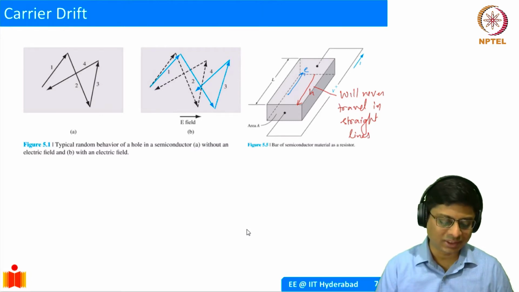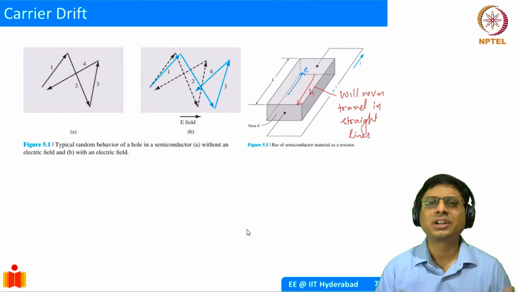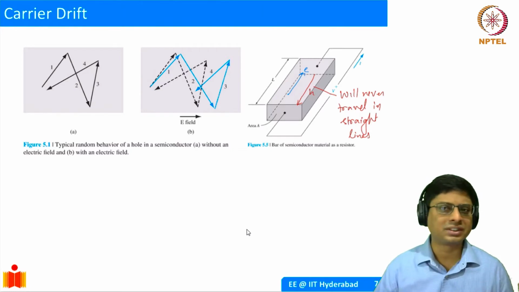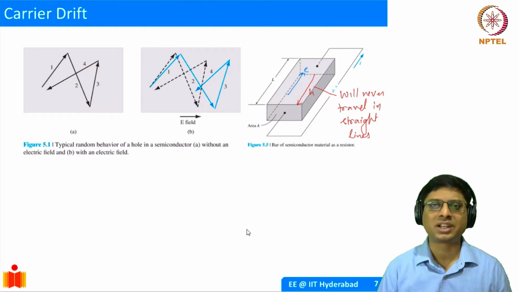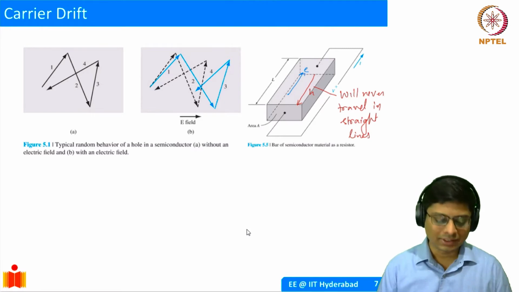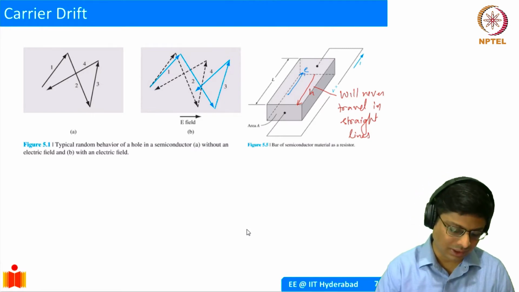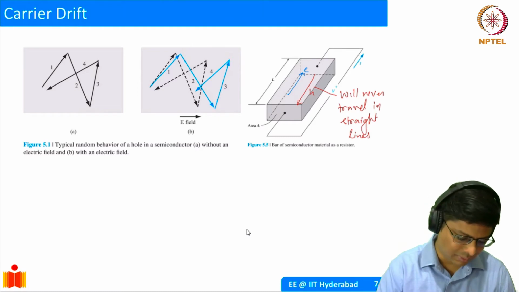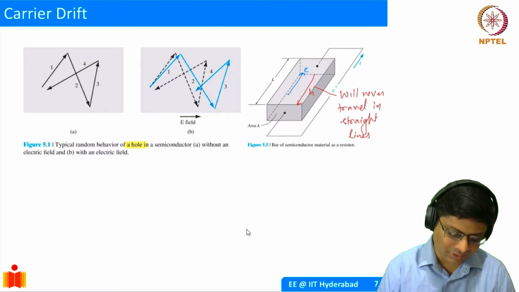Something similar happens. If you consider a situation where you don't have any external field, electrons will simply keep colliding because there is a certain amount of thermal energy, because there is a finite temperature, let's say room temperature. Electrons will keep moving in random directions. Here this is actually for a hole, but the exact same thing is applicable for an electron as well.